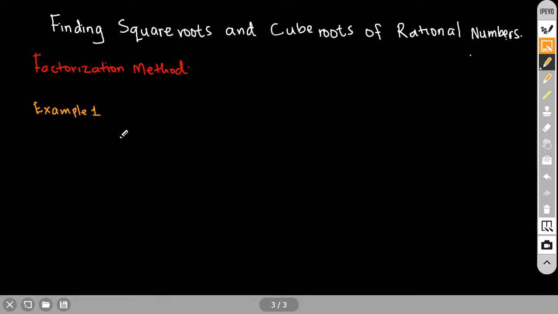Let's say we need to find the square root of 324, and let's say that we are going to use factorization.